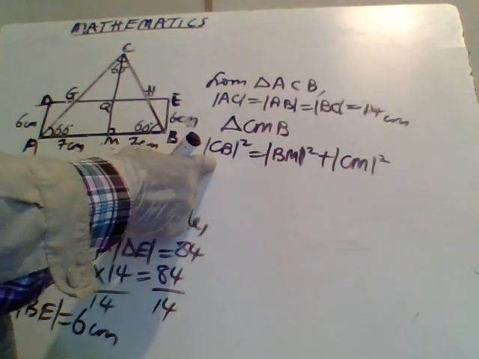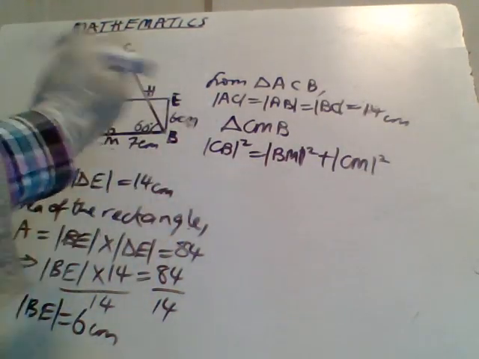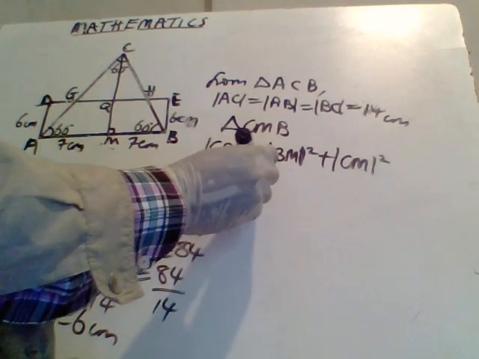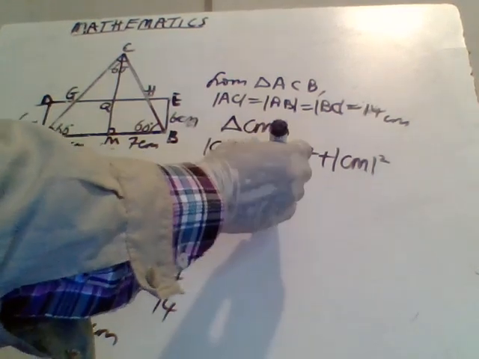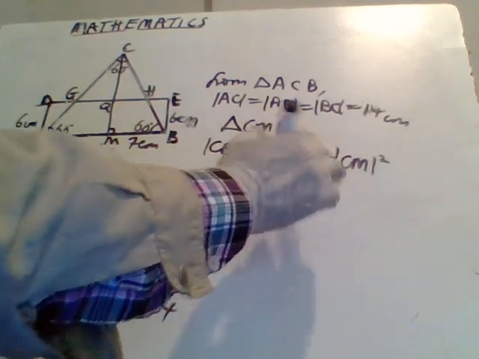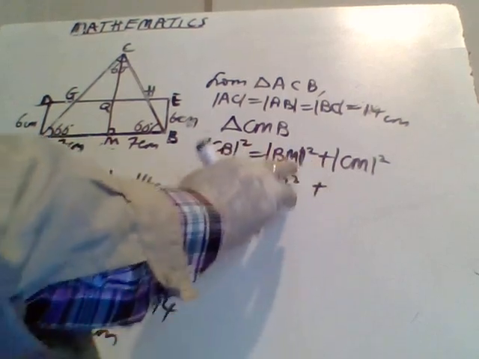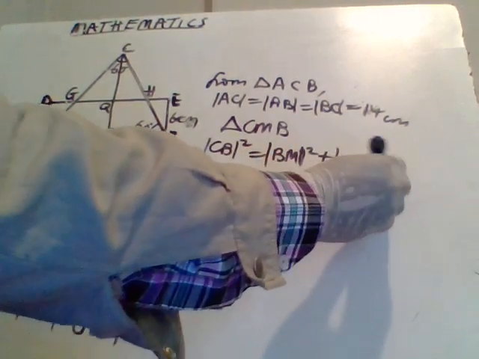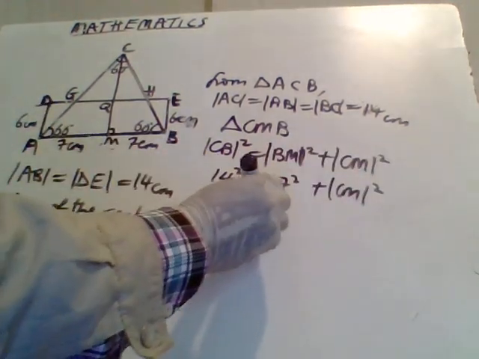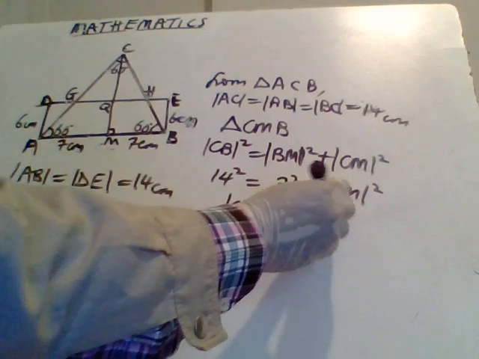BC is given to be 14, since it is equilateral and all sides are equal. BM is 7 cm. And then we have CM squared. So CM squared is equal to 14 squared minus 7 squared.